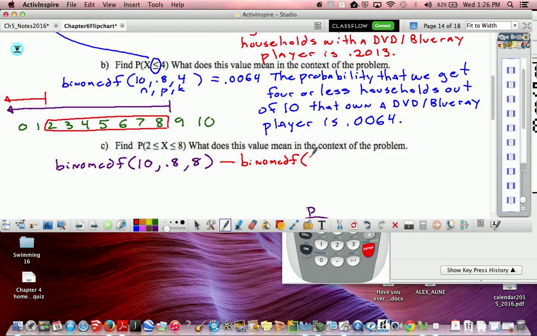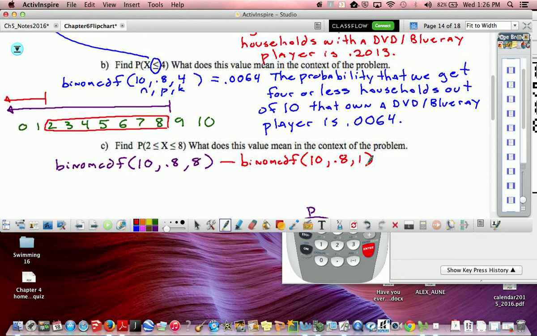What would I start off with? 10. Does p change? No. But what should this number be? Well, it should be 1 and 0. We don't want it to be 2 because we want 2 to still be included in our solution.